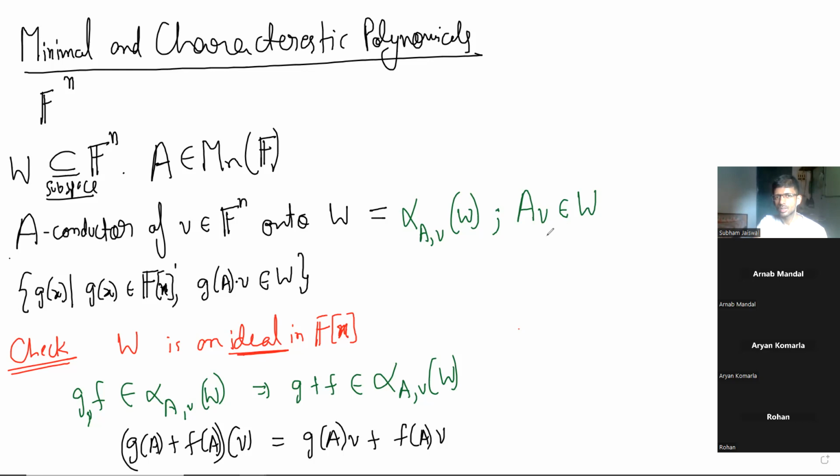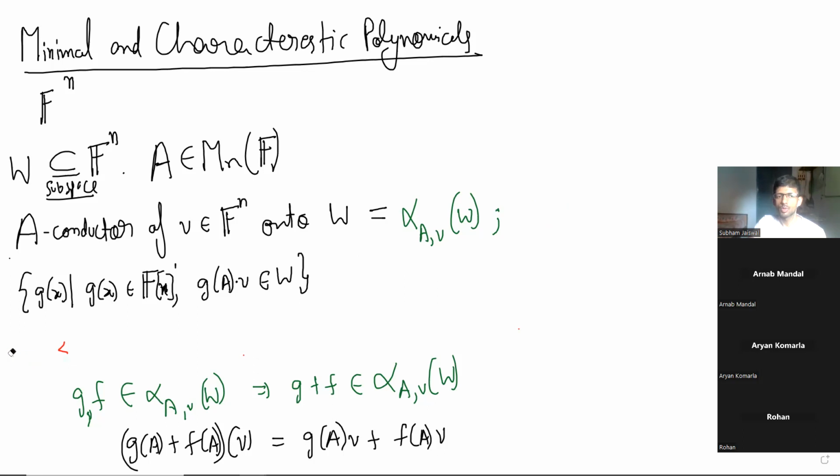No, sorry, this is not a good thing to add. So I will just take back this bit. Adding that will do something, but that will not be interesting. So we'll just have checked this good property about W: W is closed under addition. But now let's do the actual matter.